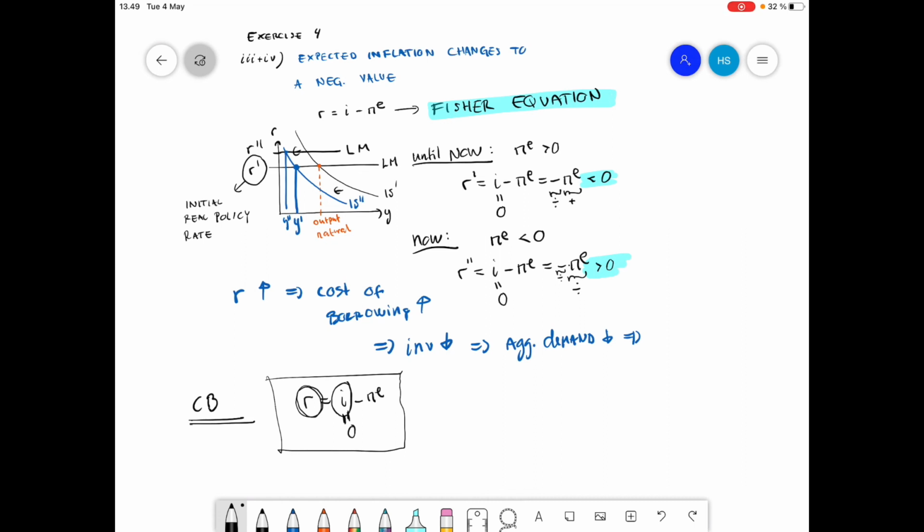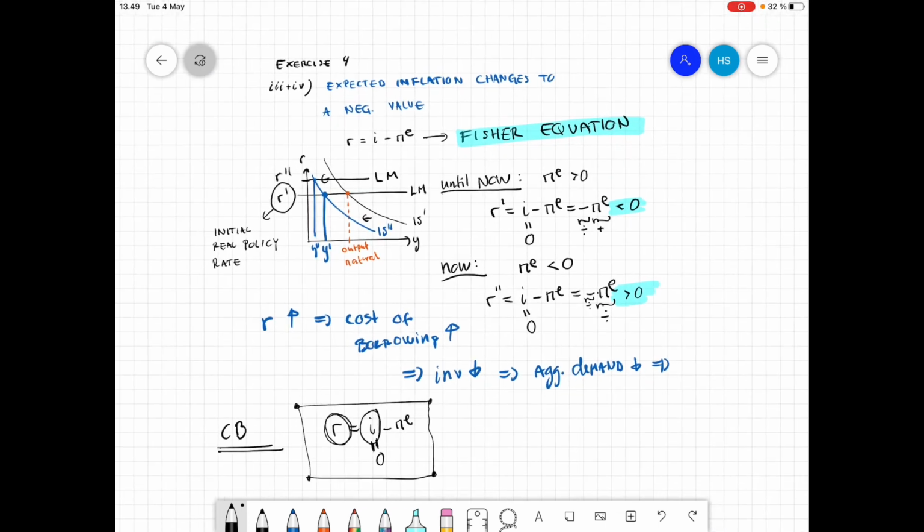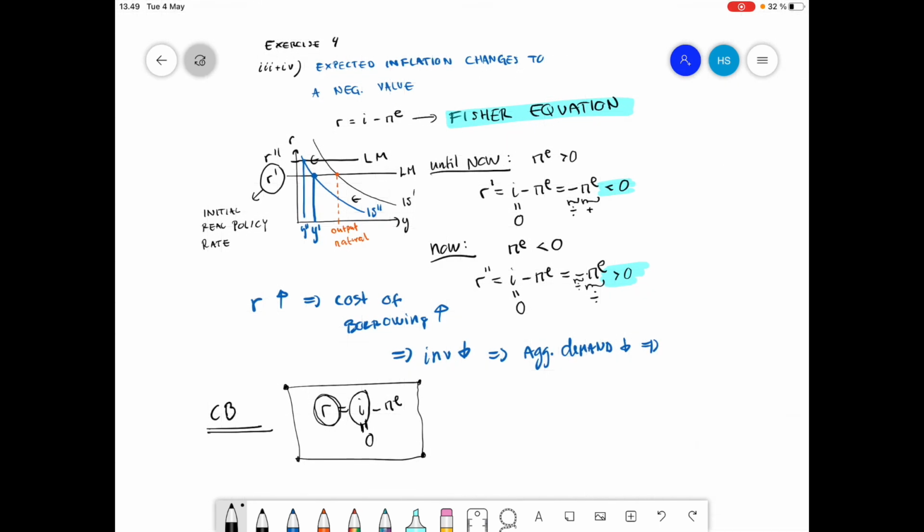But this is not possible since the economy is already operating at the zero lower bound. Therefore, this deflationary spiral will keep continuing unless the government brings about an increase in government spending in order to increase the economic activity.